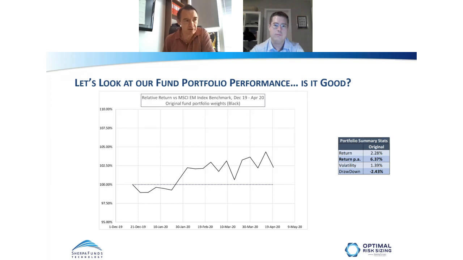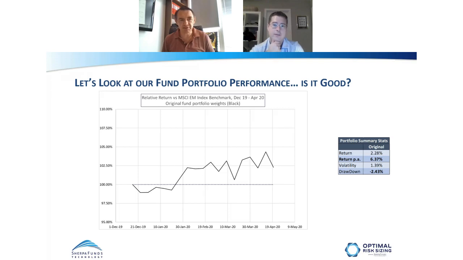Clearly, we're not going to tell you who they are or what the data is, but this is how the portfolio that they put together on the 19th December performed through to 19th of April this year. So through all the noise of the COVID stuff, and this is, as Stephen said again, a relative return relative to their benchmark.